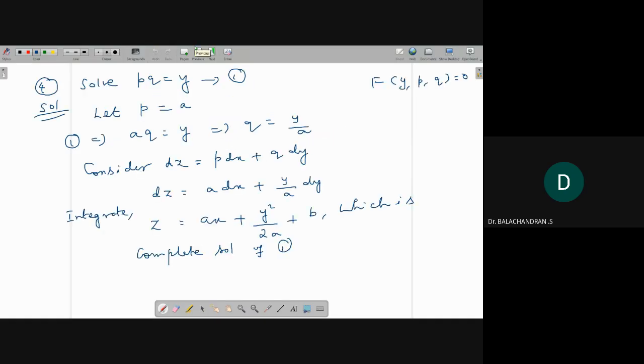Okay, so Adish, you can try to eliminate a and b from this solution. Can you get pq equal to y? You can try. Because this is the PDE, this is the solution. If I give this solution, can you get this PDE after eliminating the arbitrary constants a and b?